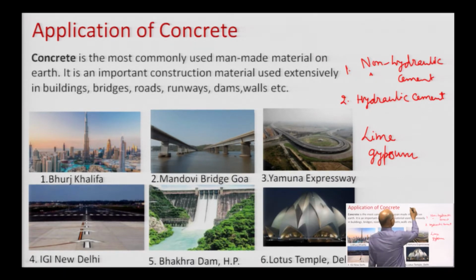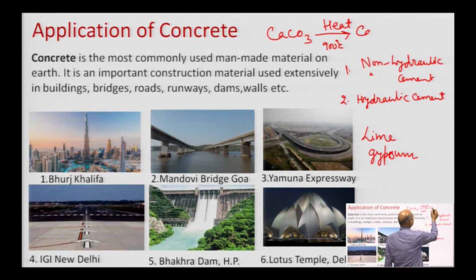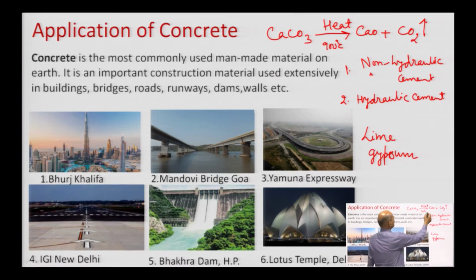If you take CaCO3 limestone and give it heat, it will go for calcination at a temperature of around 900 degrees centigrade, and it will make CaO plus CO2. The CO2 gas will go away, and this is called lime. This is called slaked lime.